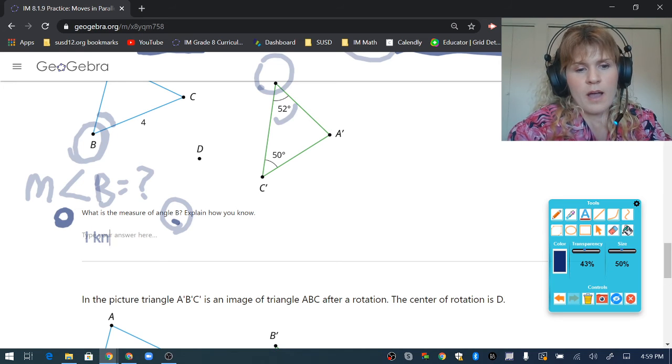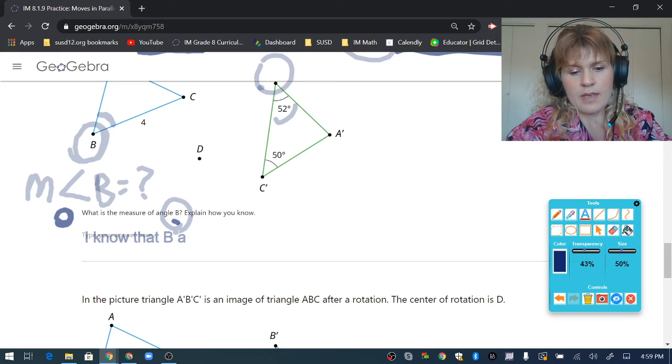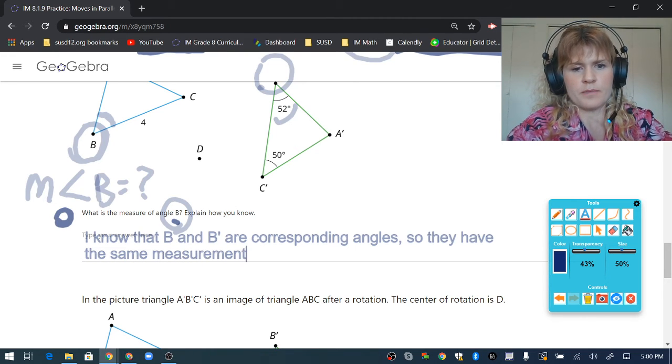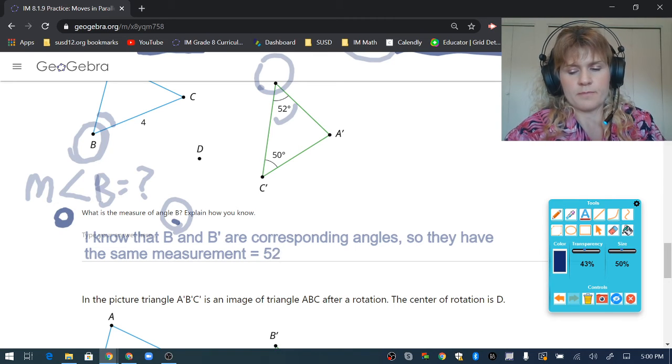It says, what is the measure of angle B and explain how you know? Okay, ready? I know that B and B prime are corresponding angles. So they have the same measurement, which equals 52 degrees.